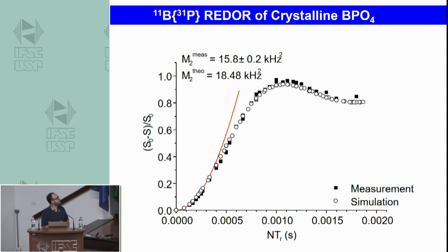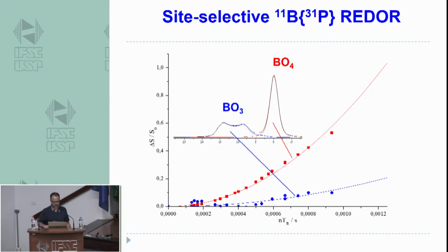If you measure the dipolar coupling, we get this value here, 15.8, while the theoretical one, taking the crystal file, measuring all the distances, and putting them in that equation, gives this value here. You see that we have an underestimation. Usually we take a model compound, calibrate our experiment, and then run the glass using this calibration factor.